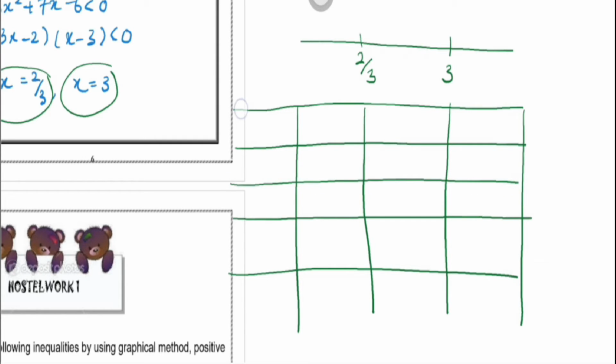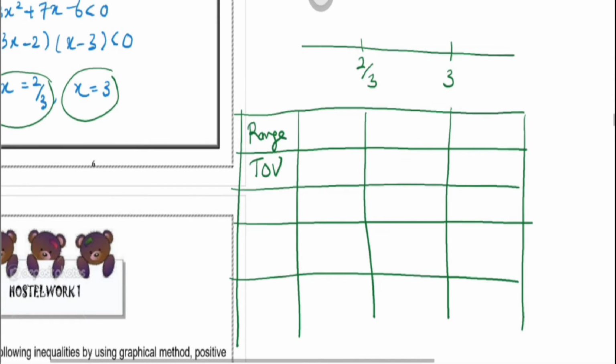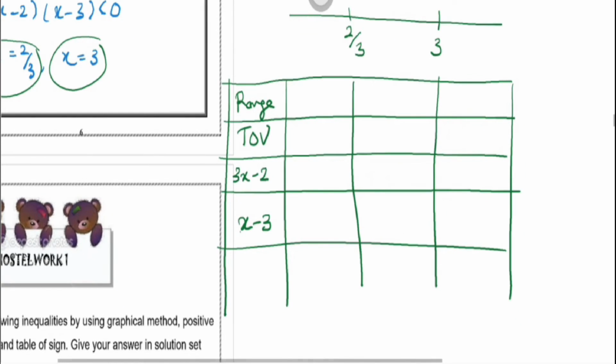So the first row is our range, and then TOV, test of value, and then the third row is our factors, which is 3x minus 2 and x minus 3, and then the last one is our conclusion.